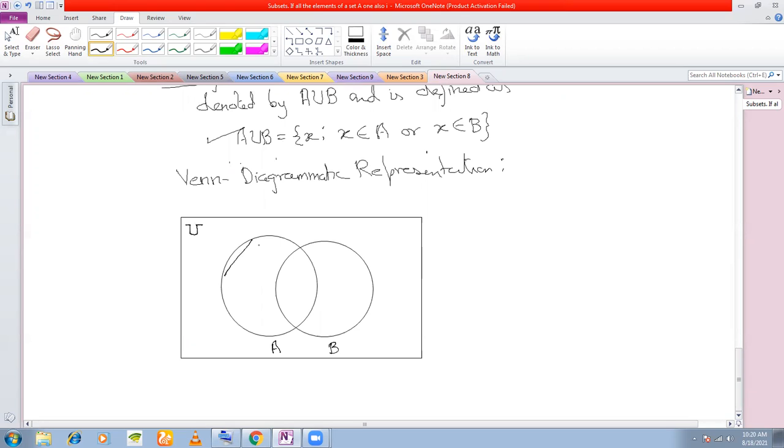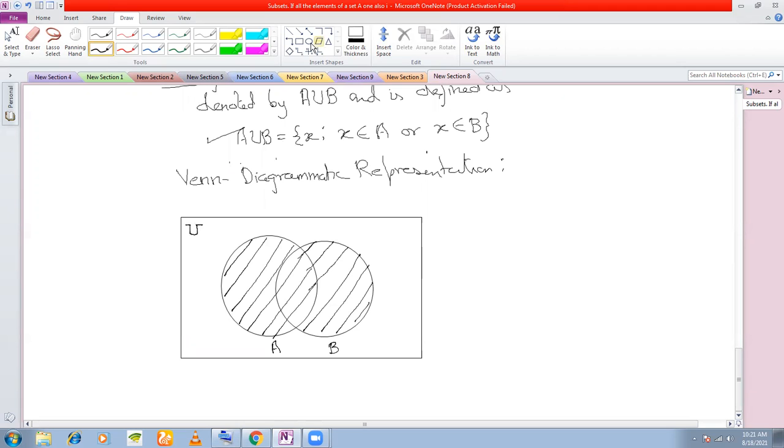So the union of two sets will be denoted by this shaded part. Okay, this shaded part represents the union of sets.